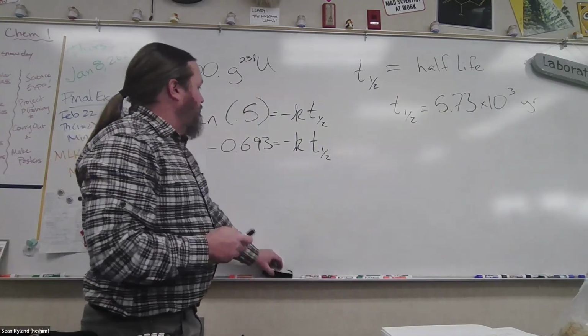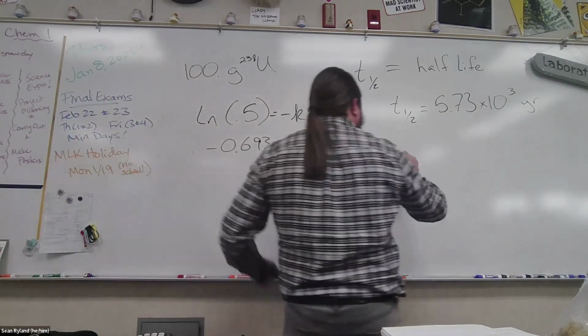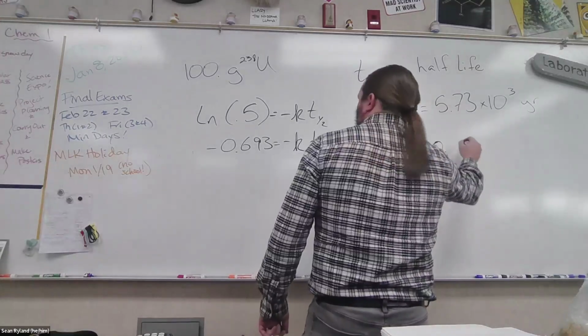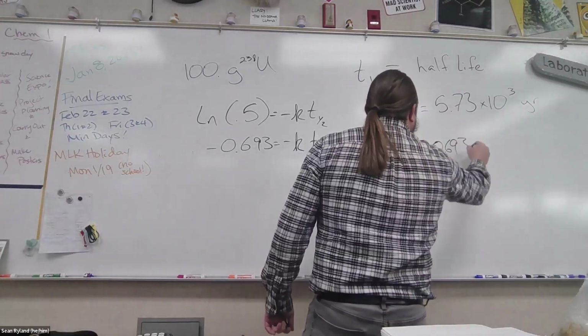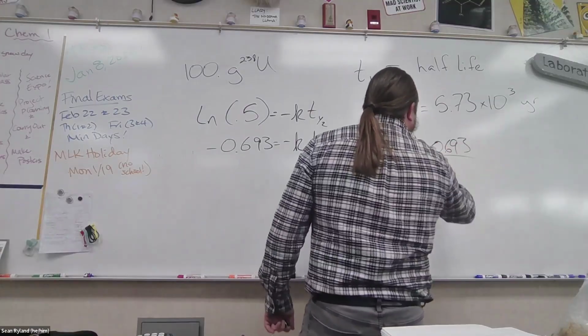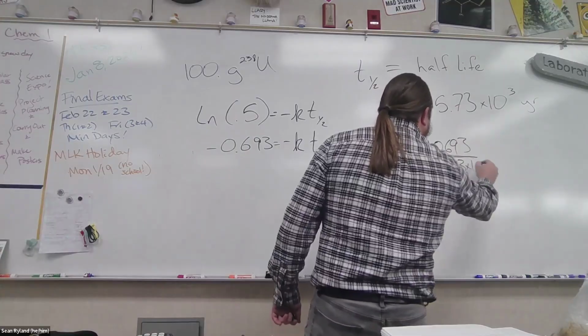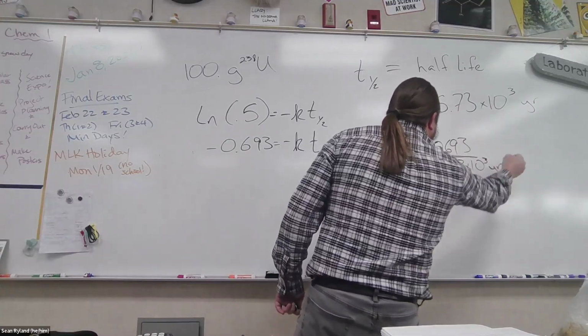So what's K? K is equal to 0.693 over 5.73 times 10 to the 3 years.